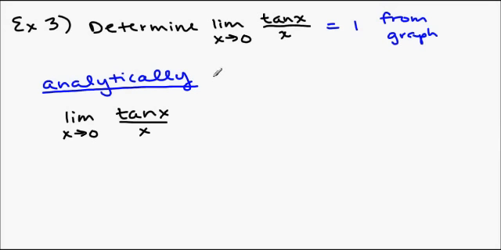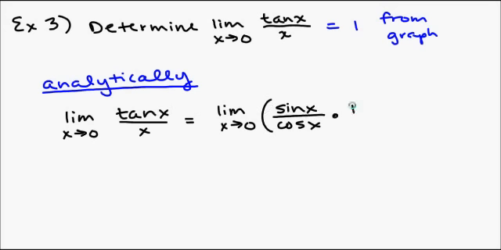From pre-calculus, you know that tan x is equal to sine x divided by cosine x. So sine x divided by cosine x. And then divided by x is the same as times 1 over x.